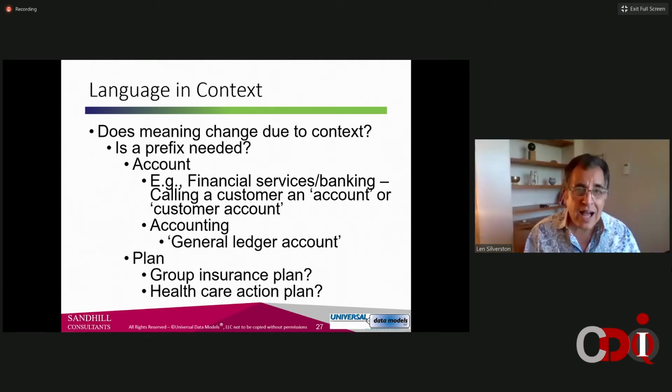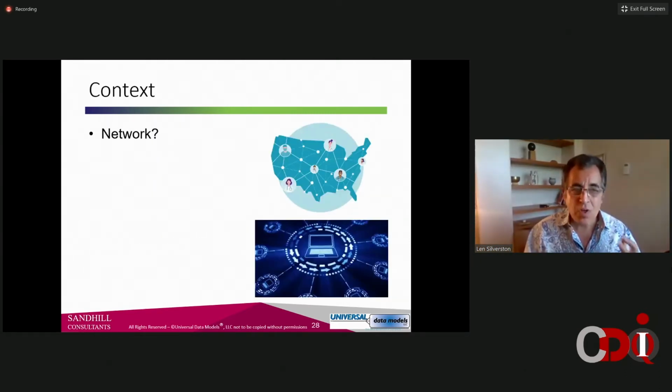Now, here's one of the biggest points I'd like to make today. A lot of glossaries, what I've seen is people will use terms, industry terms, and they'll get a data catalog and throw terms in without considering context. A network, is that this picture here of the network of providers? Is it a telecommunications network?